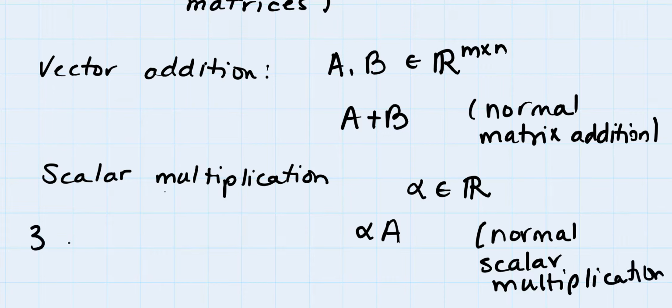So like 3 times the matrix A, you would send that 3 to all of the rows. That's what we're talking about when we say scalar multiplication. We are not talking about vector multiplication. So a vector space does not have a multiplication defined when it comes to vectors. We only multiply when it comes to scalars.